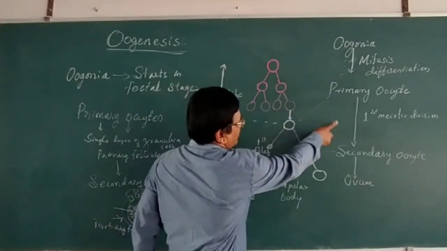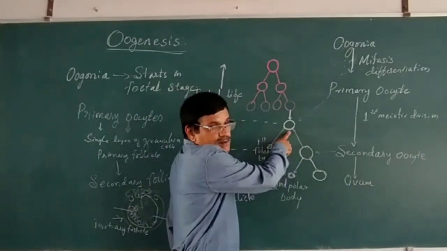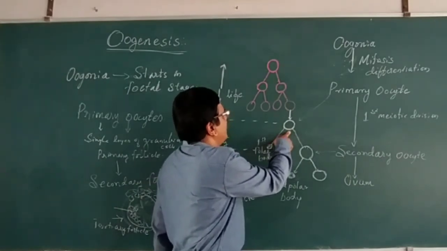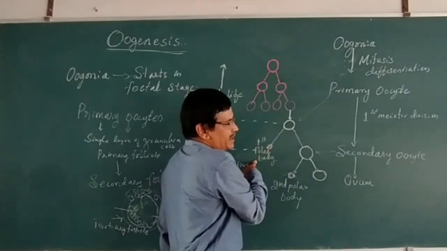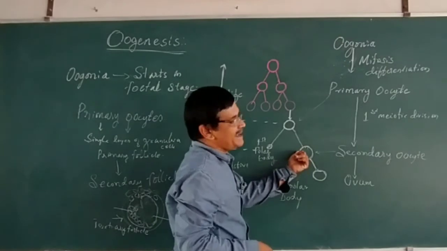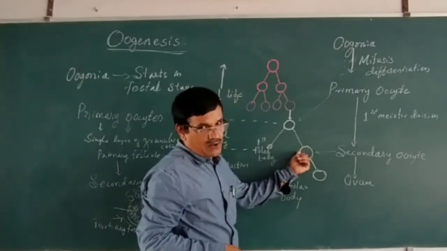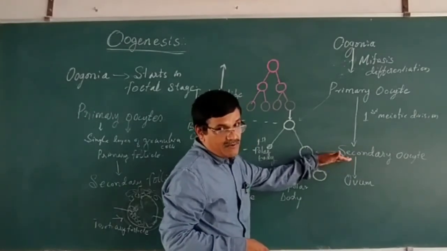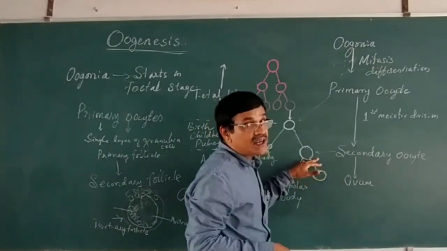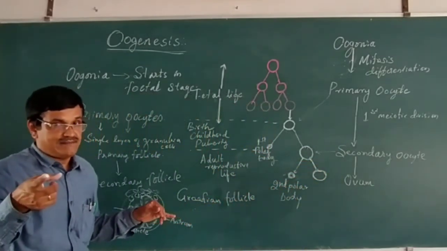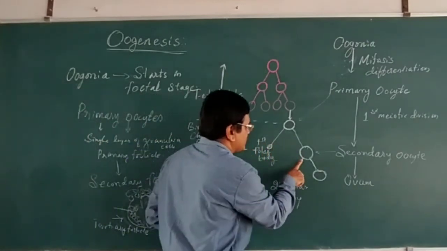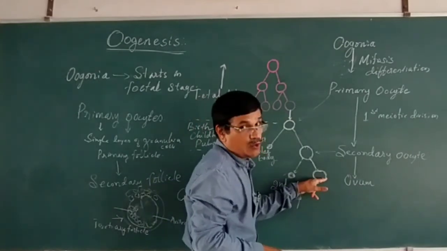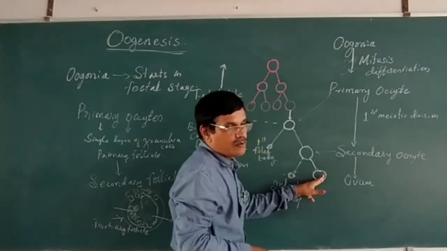The primary oocyte undergoes the first meiotic division, and it forms a polar body and a secondary oocyte. Then this secondary oocyte next undergoes the second meiotic division, and it results in the formation of a second polar body and a mature ovum.